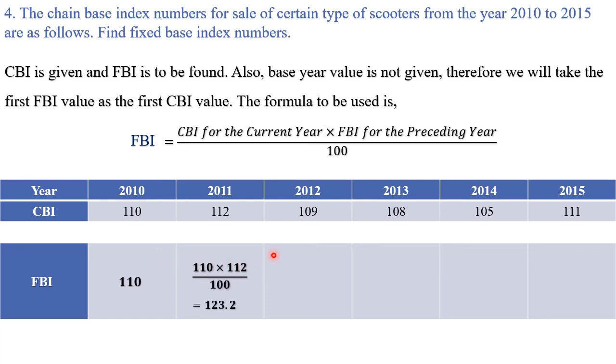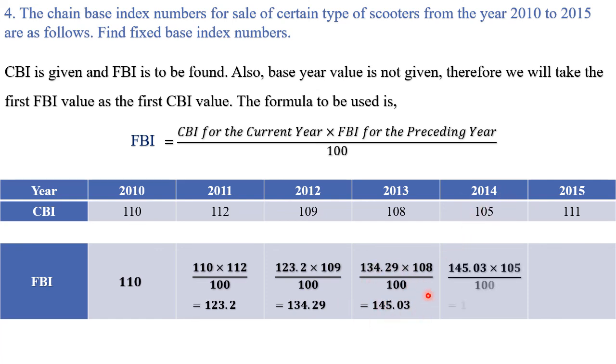Simple. Then the next CBI will be multiplied with the preceding FBI and divided by 100. Then once again the 108, that is the current CBI, will be multiplied with the previous FBI and divided by 100. 105, that is the current CBI, multiplied with the preceding FBI divided by 100. The current CBI multiplied with the preceding FBI divided by 100.